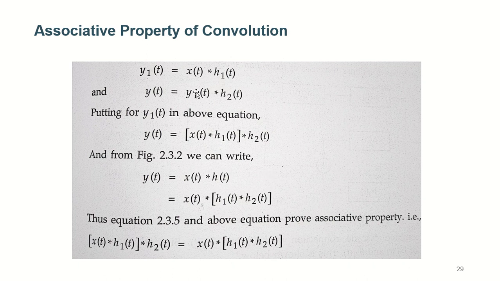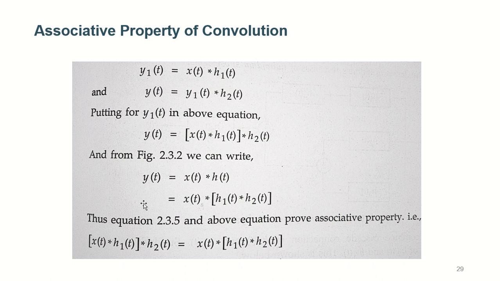Now in this formula of y, let's just put the value of y1 here. So we will have x of t convolution with h1 of t, and the whole term in convolution with h2 of t, right? So what will we get? It is again the same formula.